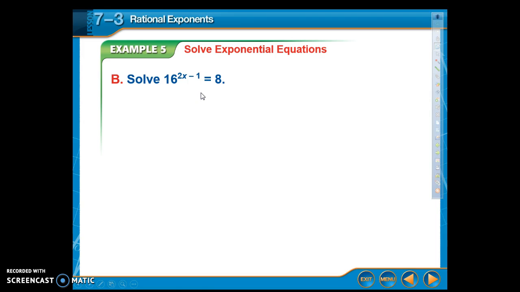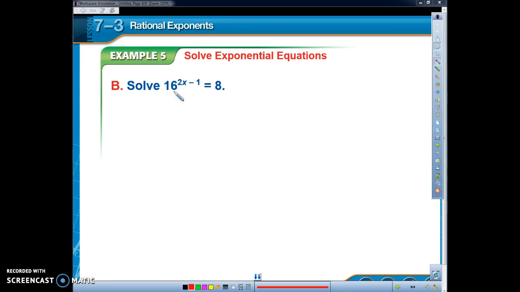Now this is going to be a little bit more difficult. We've got 16 to the 2x minus 1 equals 8. I need to think about a common base between 16 and 8, and I'm going to go with 2. So 2 to the what equals 16?